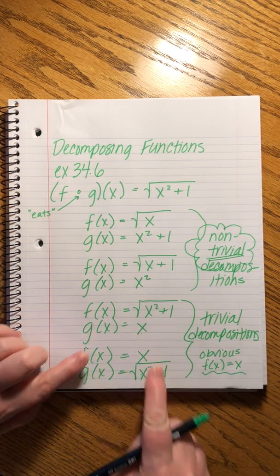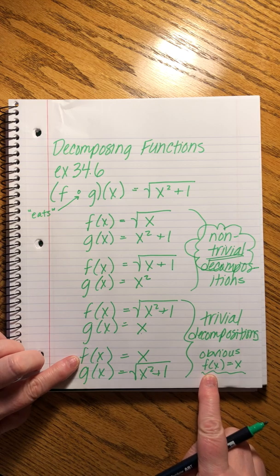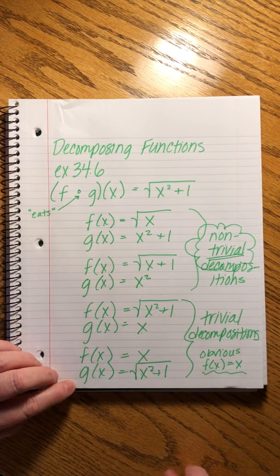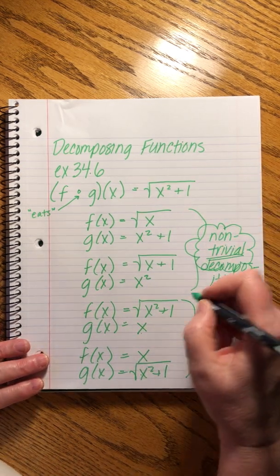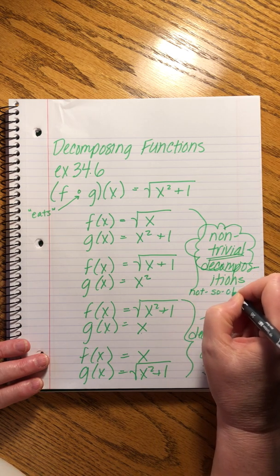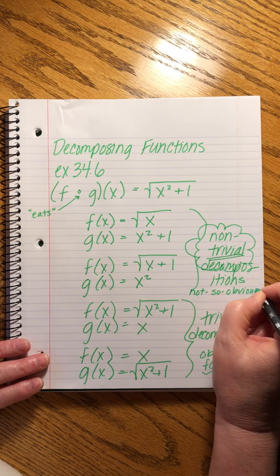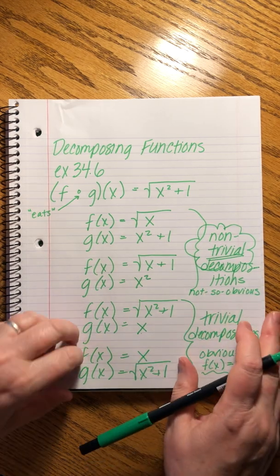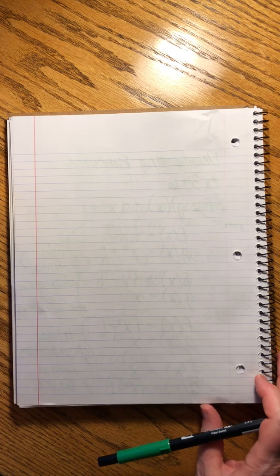Okay, here it was the g, here it was the f. It doesn't matter which one, but one of them is just plain x. And these are not so obvious. And that's what most students like about them, is you kind of have to think for a minute and pull them apart.